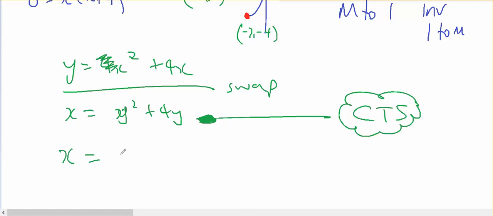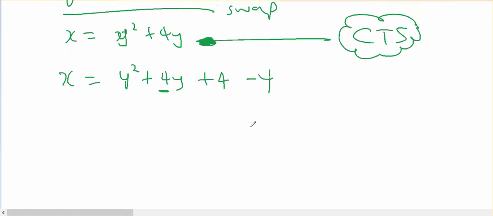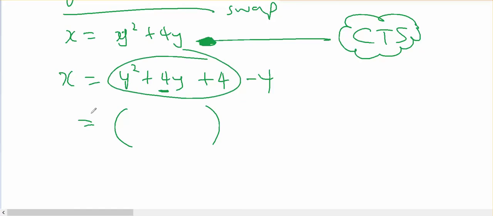So x equals y squared plus 4y, half of 4 is 2, 2 squared is plus 4, and then minus 4. These three become y plus 2 all squared, minus 4 is equal to x, and now solve for y.